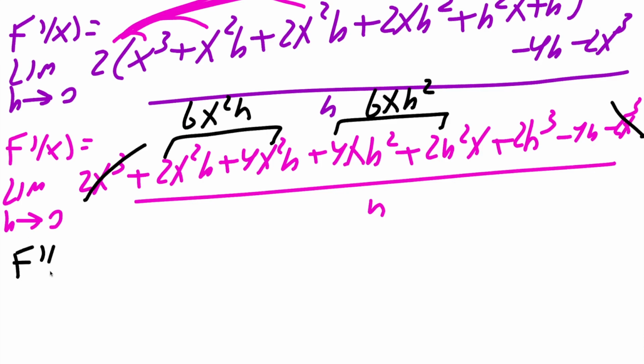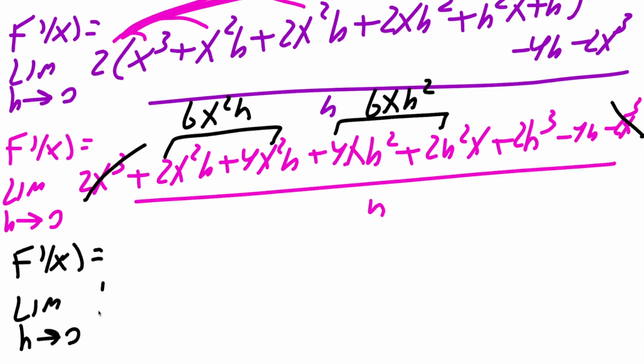So we have the derivative of f of x is equal to the limit as h approaches 0. Now, each of these pieces contains an h. This contains an h. This contains an h squared. This contains an h cubed. This contains an h.